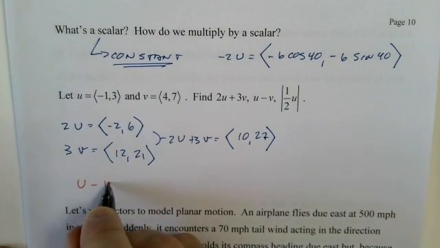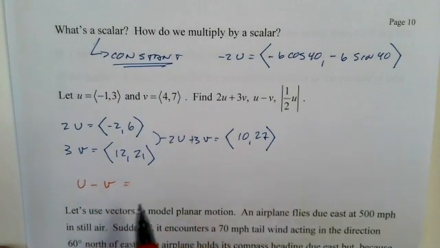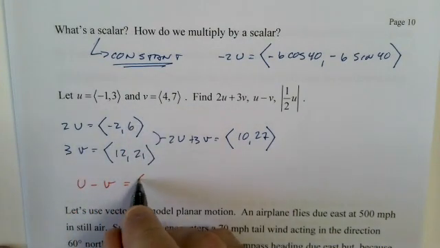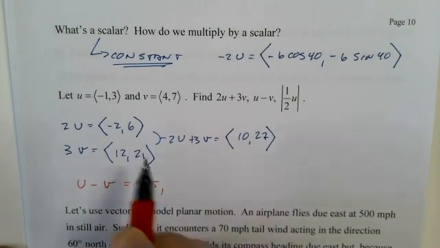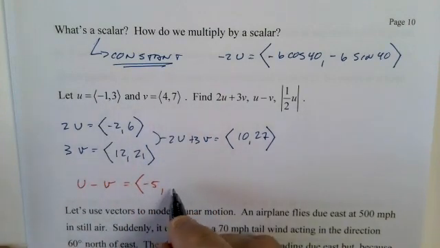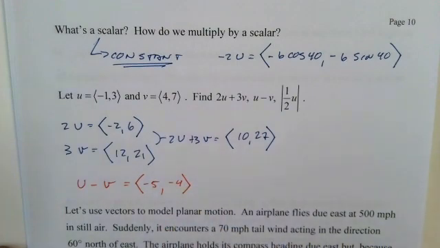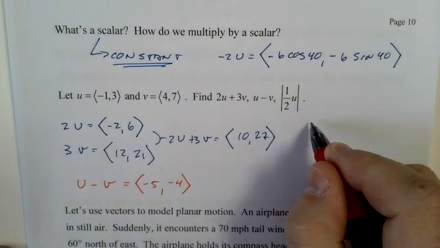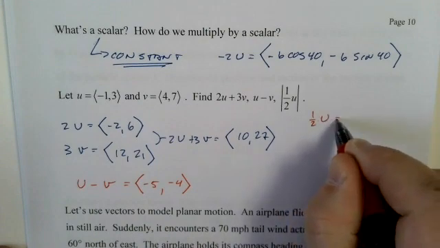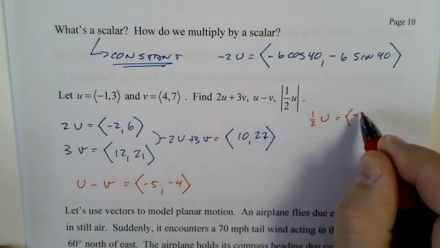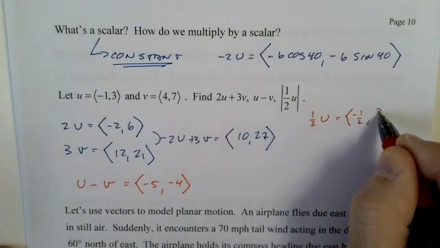u minus v equals -1 minus 4, -5; 3 minus 7, -4. And 1/2 u equals -1/2, 3/2.